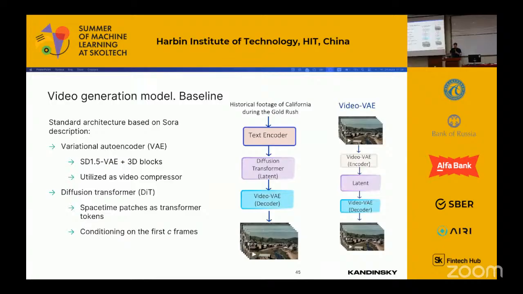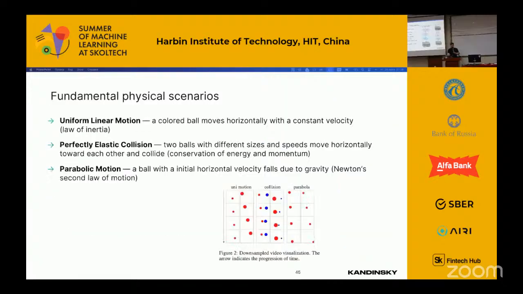So as I said, they use, I made a mistake, they use a diffusion transformer, not UNet. They had the Stable Diffusion variational autoencoder, but Stable Diffusion is a UNet, while they trained a diffusion transformer, not a UNet. I'm sorry. So what do they simulate in the first experiment?